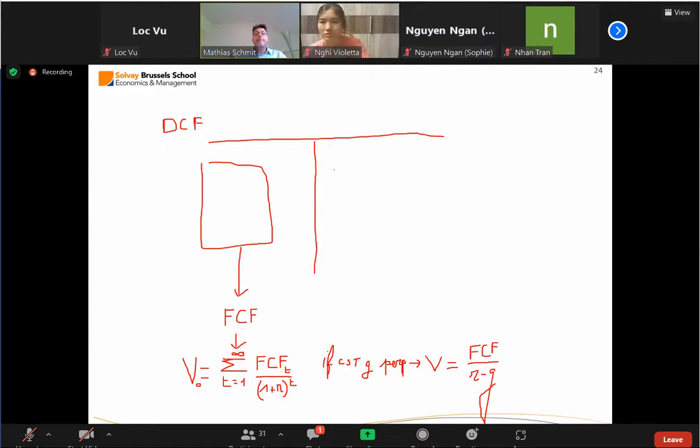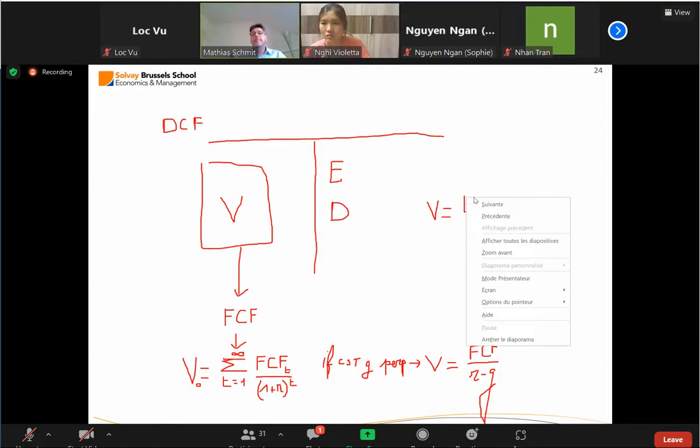And then I have the value here. And on that side, I have equity plus debt. Then my value is equity plus debt. What I have on one side is the value of what I have on the other side. Okay.